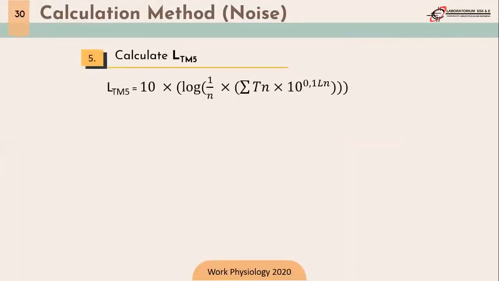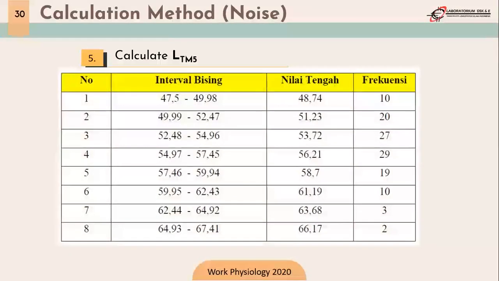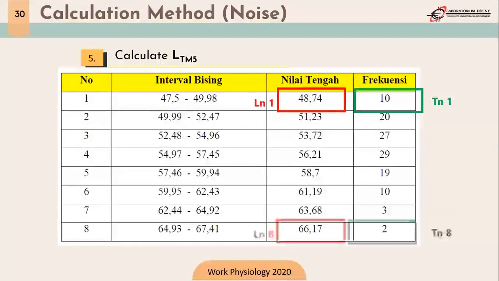Okay. Oops, the step is not finished yet. For the last, we can calculate the LTM5 by using this formula. In the formula, we know that there is a sum of calculations using Ln and Tn values from the first interval until the 8th interval.